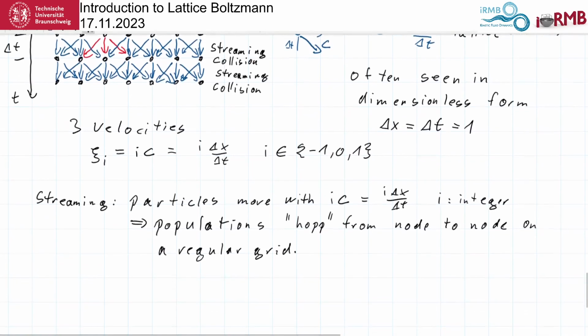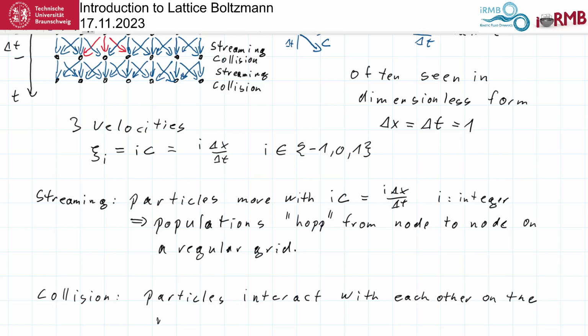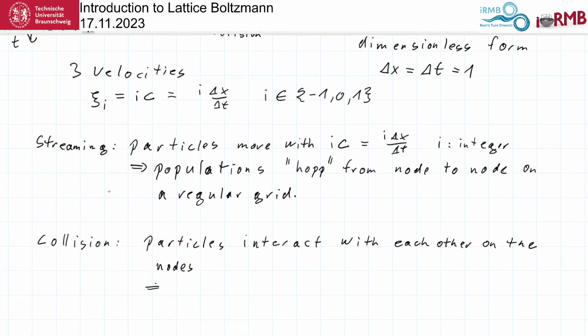So when we have streamed, then we collide. So we have the collision, and this is particles interact with each other on the node, which means they only interact with other particles being on the same node. So on the nodes. What is this kind of interaction?